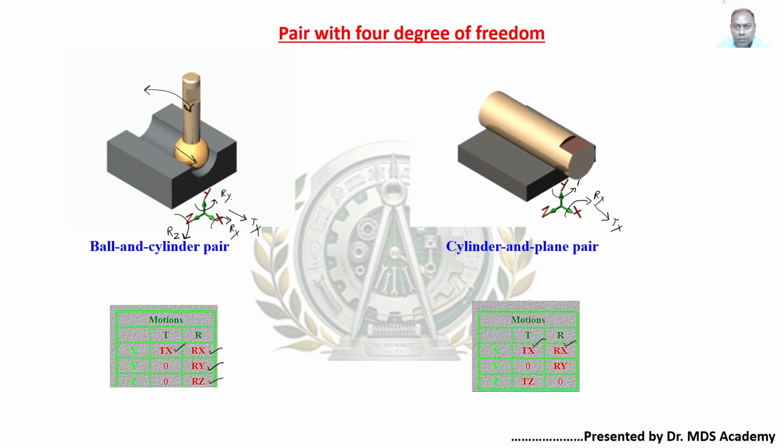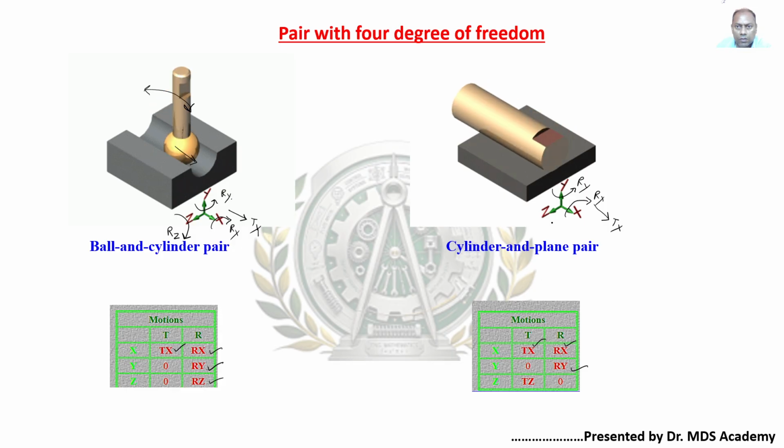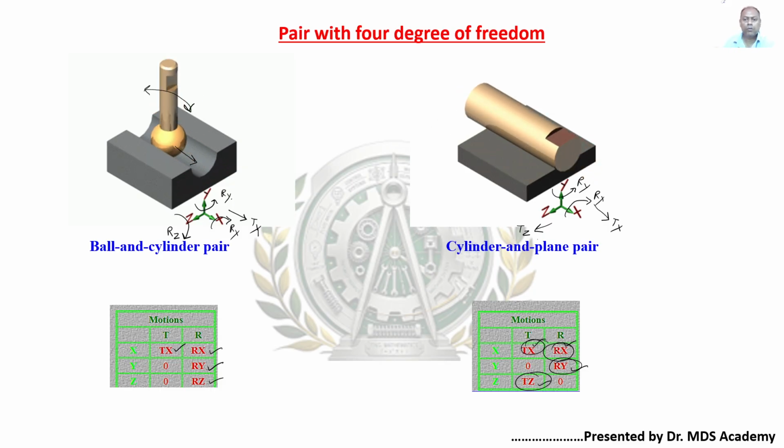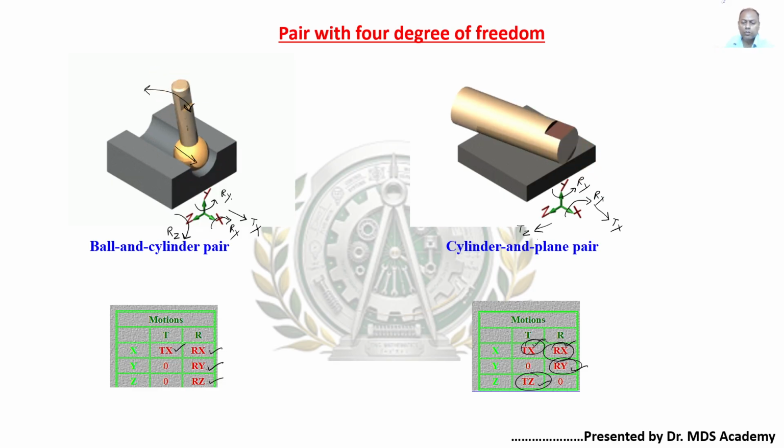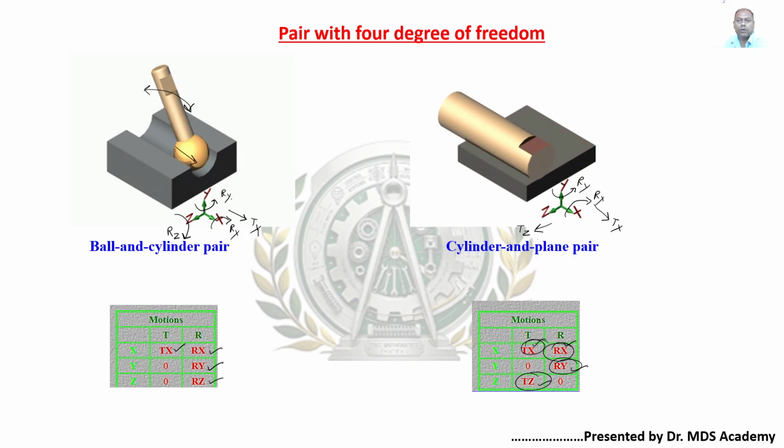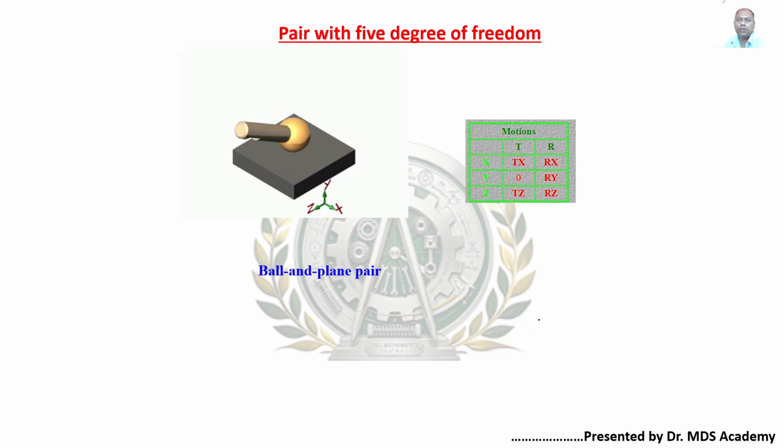Yes, it is rotating, so this is also present. About the z-axis, is it translating? Yes, it is translated, Rz. So how many different variables are present? 1, 2, 3, 4. Four different input variables are required to obtain the motions. Four different motions are present, so this belongs to the 4 degrees of freedom.